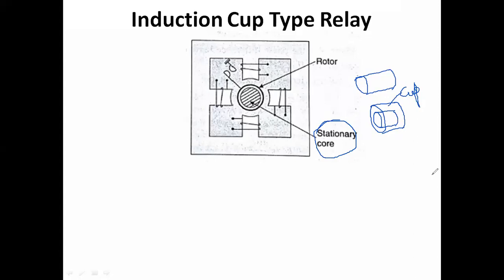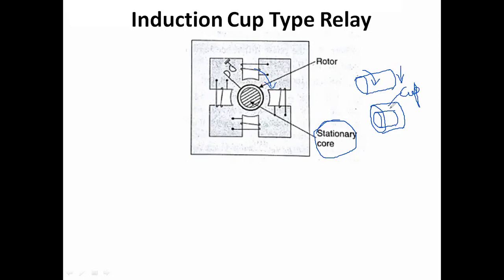Now, what is the advantage of this induction cup type relay? If we have a solid cylinder, it is difficult to rotate this solid cylindrical rotor because it has high inertia. The weight of this solid cylinder is much more than the induction cup, so you have to apply more current to rotate it.